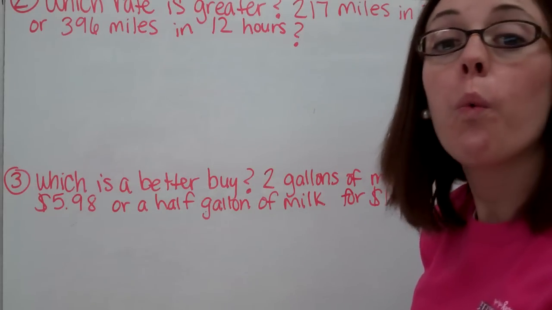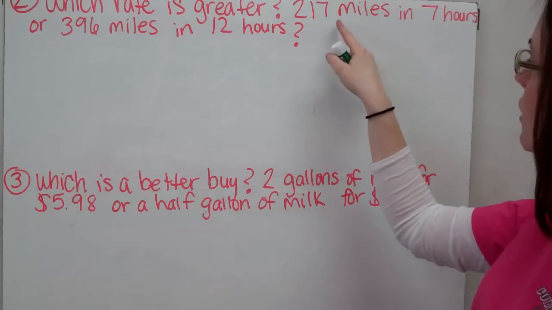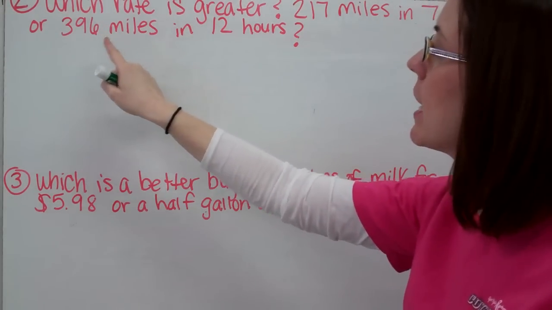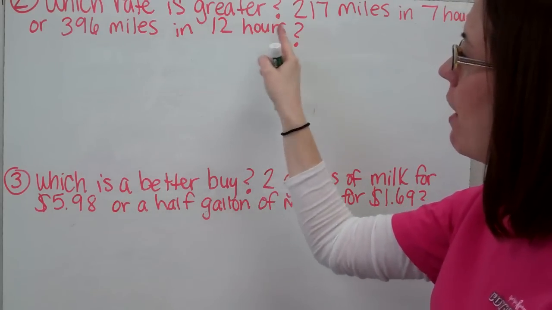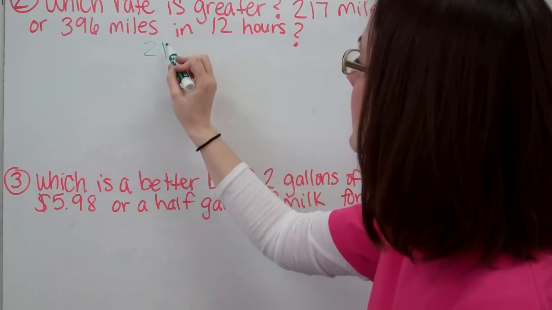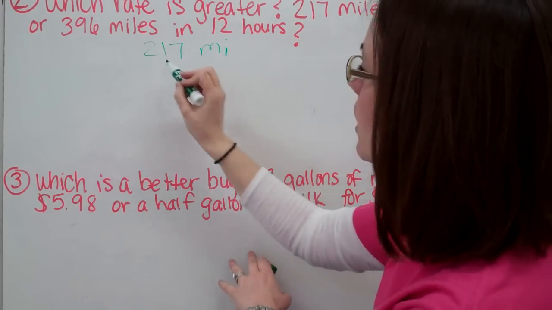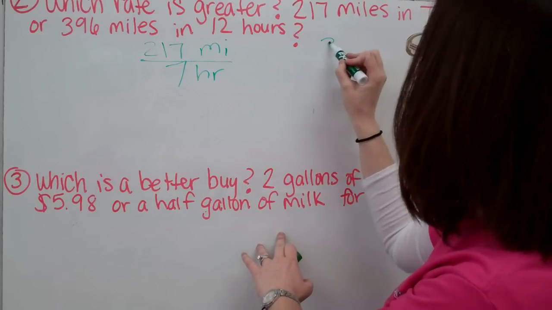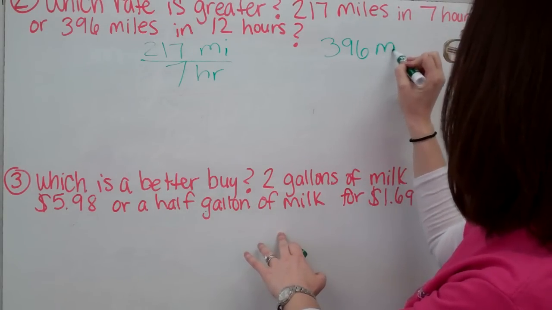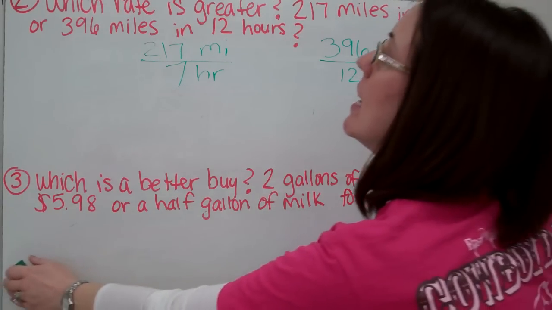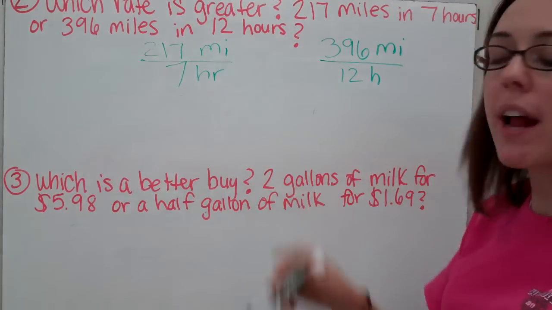Example number 2. Which rate is greater? 217 miles in 7 hours or 396 miles in 12 hours? Let's write these rates down. So 217 miles, yes, you can abbreviate, in 7 hours or 396 miles in 12 hours. Which one is greater? Well, let's write it as a unit rate.